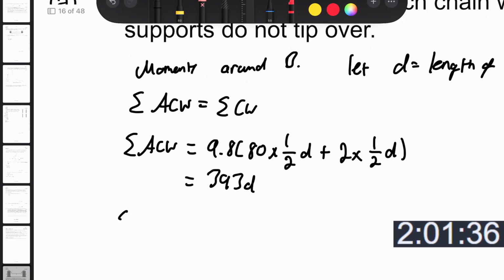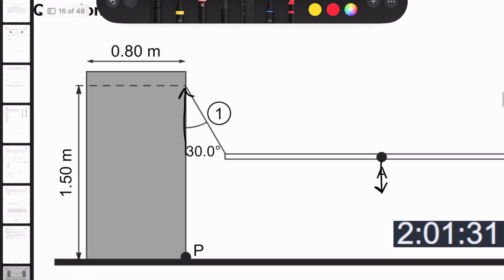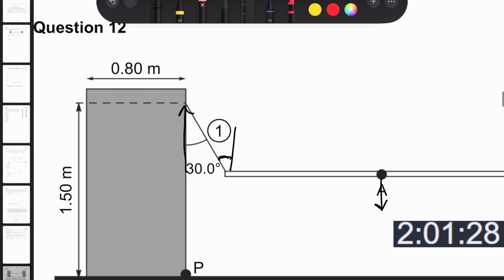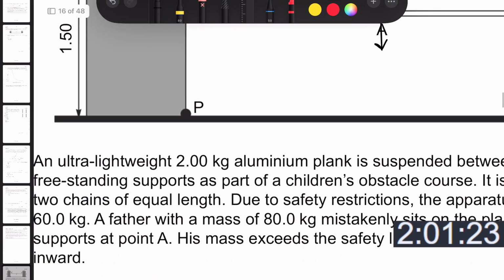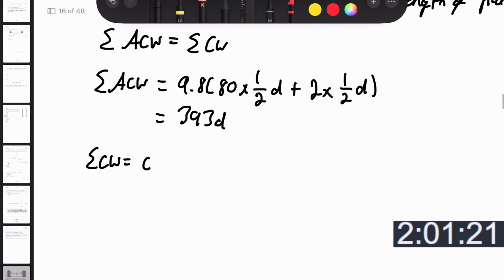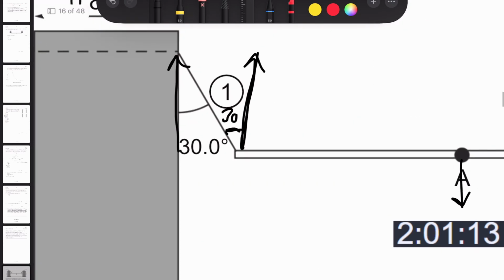And then clockwise is equal to sine 30. No, actually cosine of 30, force of tension. So force of tension cosine of 30 times D. I believe. And this is my force of tension, vertical, so F of T. Cosine is going to equal FTV over FT.